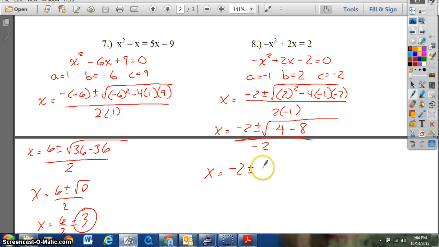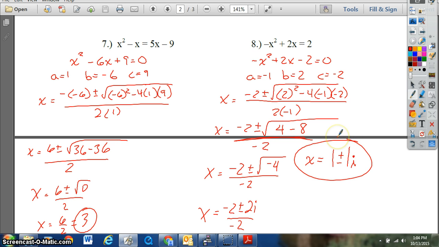So negative 2 plus or minus the square root of negative 4 over negative 2. So negative 2 plus or minus 2i over negative 2. So basically, this is going to be positive 1 plus or minus 1i. You could put the negative in here, but it's the same difference because it's plus or minus. It's not going to change that. So that's where you can stop.